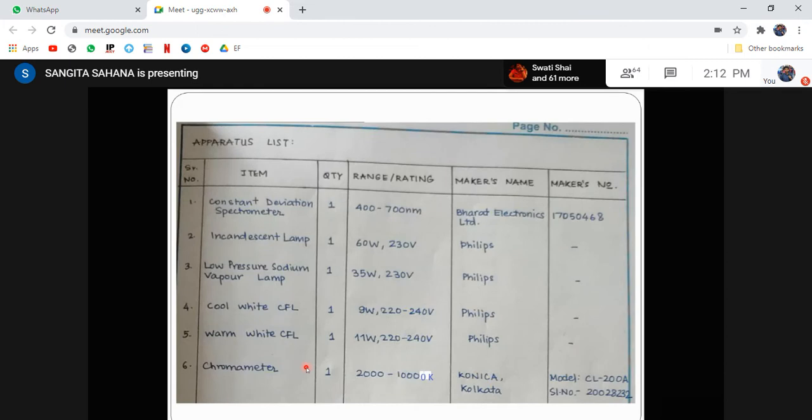So this is a sample report. You can see the two instruments, constant deviation spectrometer and the chromometer, their range, and the four lamps, their rating in wattage and rated voltage. 60 watt incandescent lamp, 35 watt LPSP lamp, and 9 watt cool white CFL, and 11 watt warm white CFL.